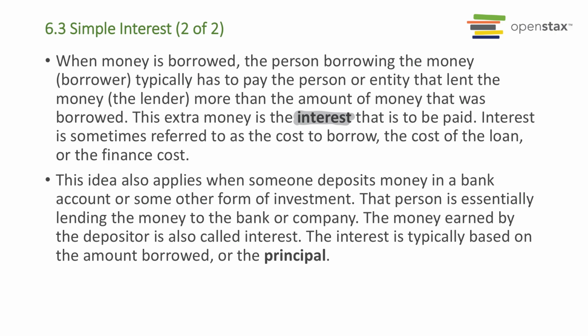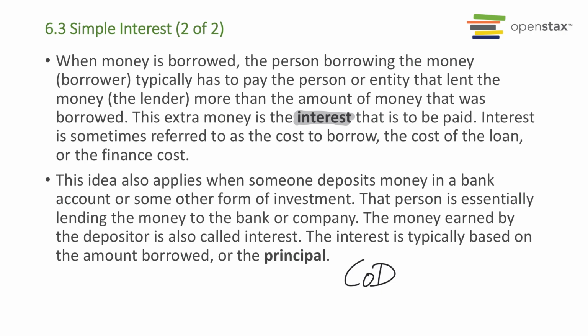So that is if you're borrowing money. This idea also applies if you deposit money into an investment type account, for example, a savings account or something called a CD, or certificate of deposit. That particular type of account is lending the money to the bank, and the bank is then paying that person back.